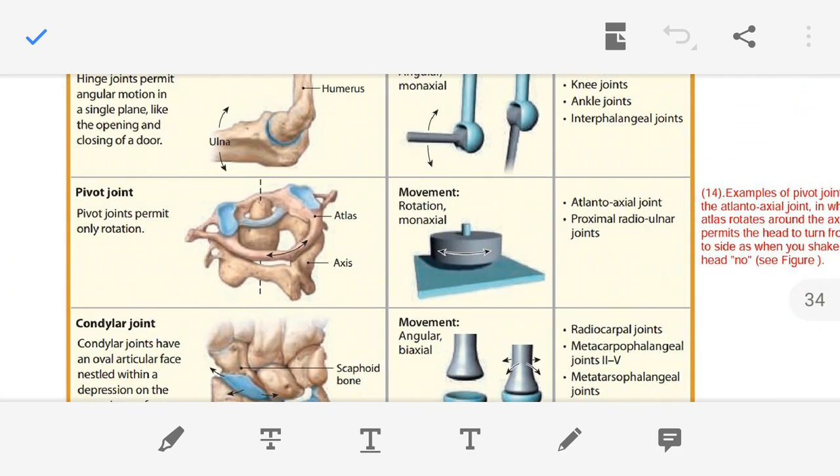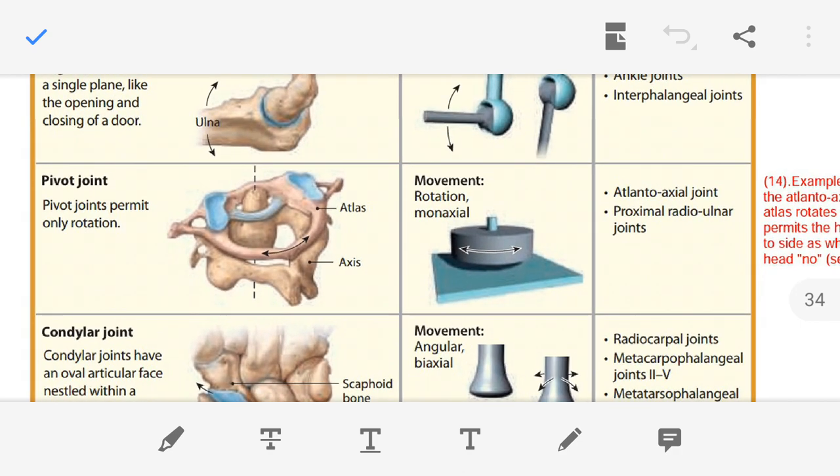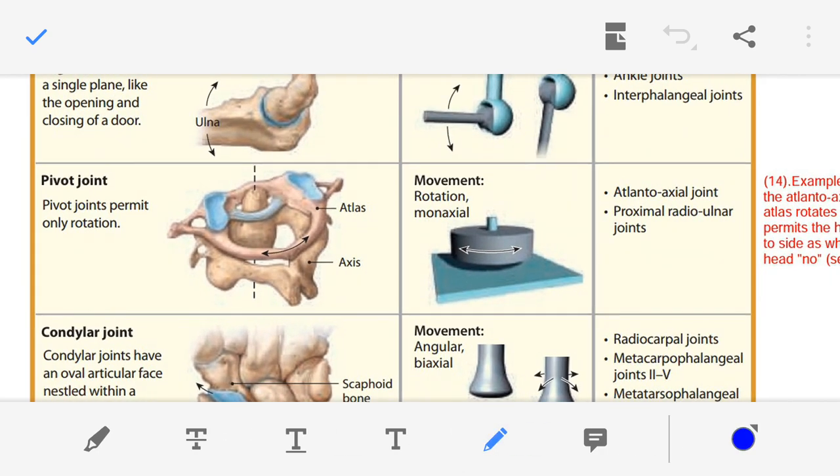Now here is one more example for the pivot joint. This is the first cervical vertebra, that is atlas. Second cervical vertebra, axis. We know the axis remains stationary and the atlas is rotating on the surface of the axis.